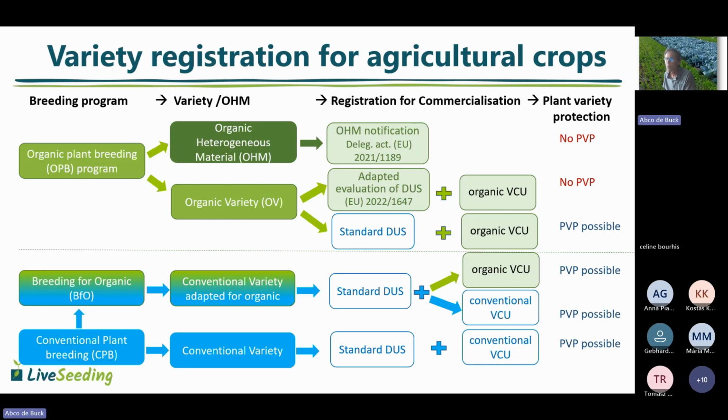However, all varieties that are tested in organic VCU have proven their value for organic farming in the organic VCU procedure. So that's the route for agricultural crops with the VCU on top of it.